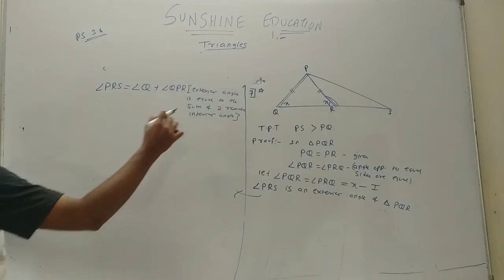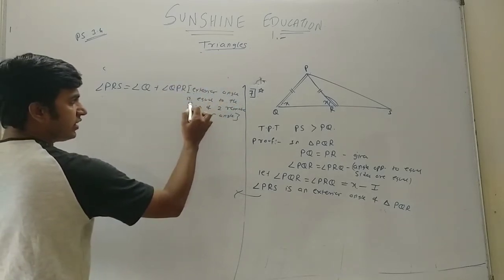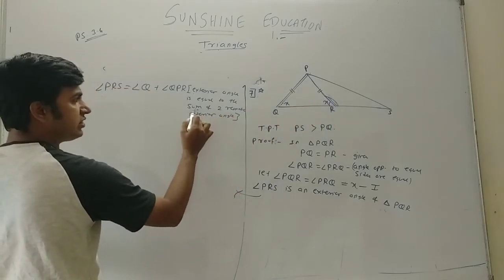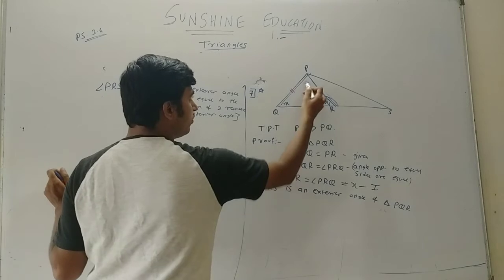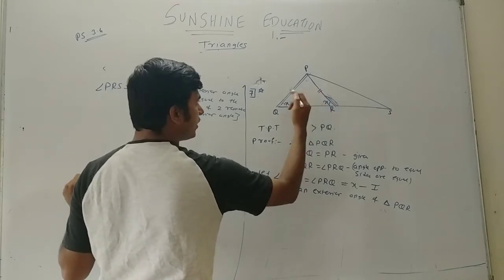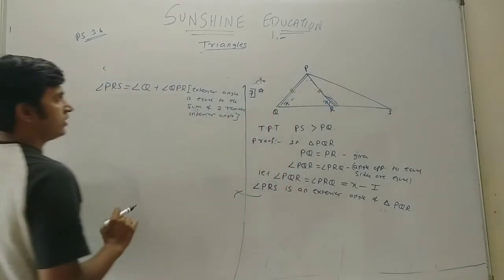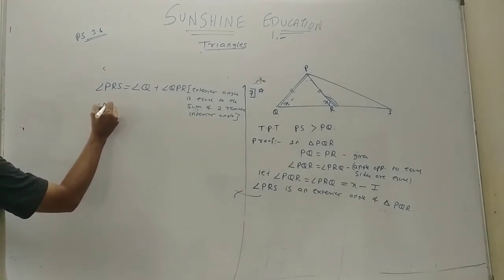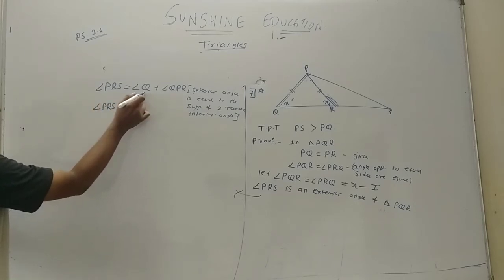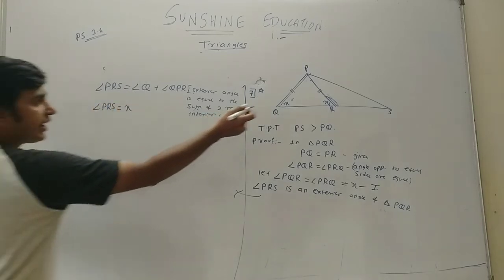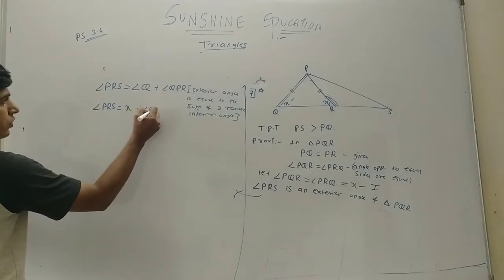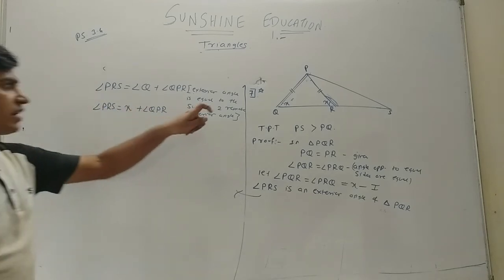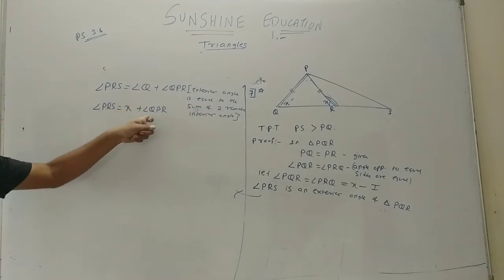The measure of the exterior angle is equal to the addition of the two remote interior angles, not the one which is nearer to it. So I can write PRS is equal to angle Q, meaning X, plus QPR. PRS, that is the exterior angle, is equal to the sum of Q plus QPR.